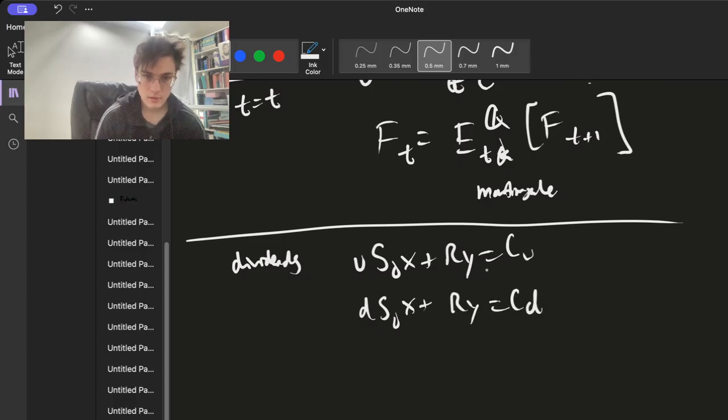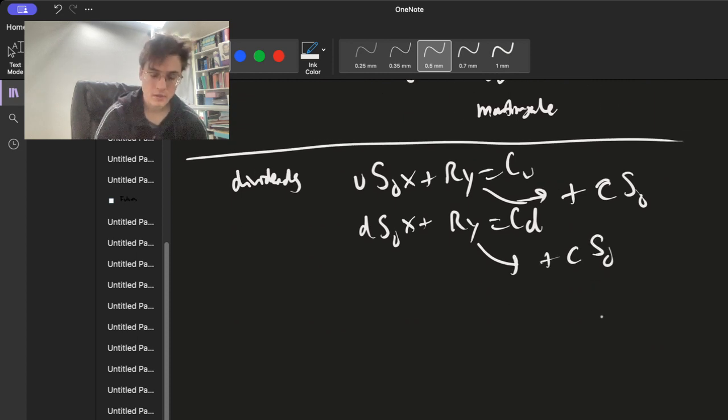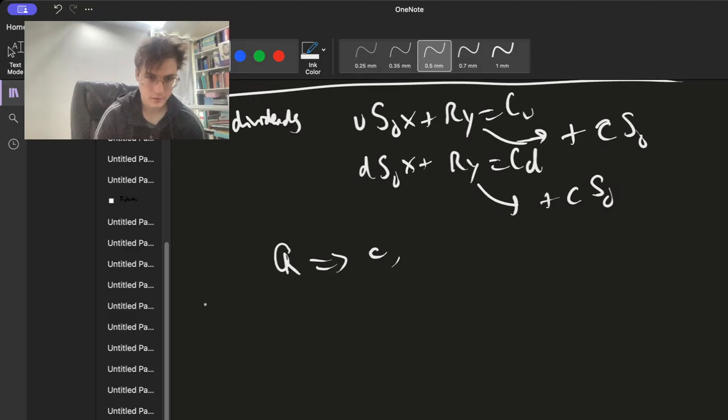But now in the case of dividends, we also get a payout that depends on the stock price, plus c times s0, and this changes the risk neutral probability slightly. So now there's an extra c term.